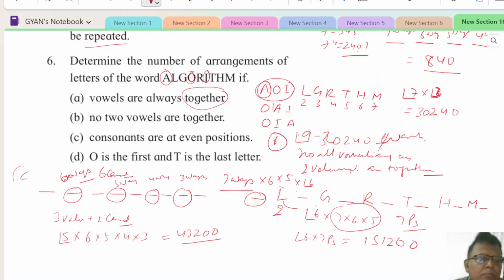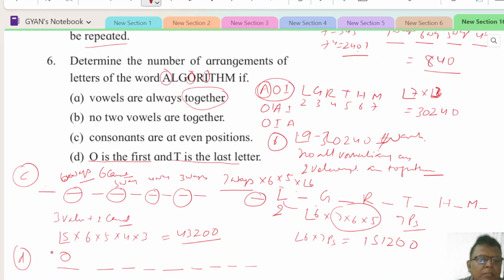Now first come to the question number D. So this is very easy. O is the first and T is the last letter. So 1, 2, 3, 4, 5, 6, 7, 8, 9.